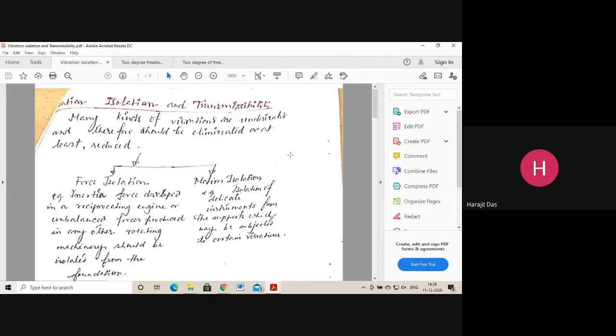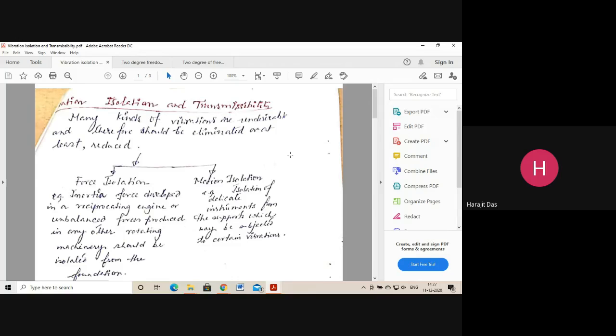Motion isolation is basically due to some delicate instruments in the vibratory machine, which may be subjected to certain vibrations. High speed engines and heavy machines are mounted on foundations and supports, and they will cause vibration with excessive amplitude.